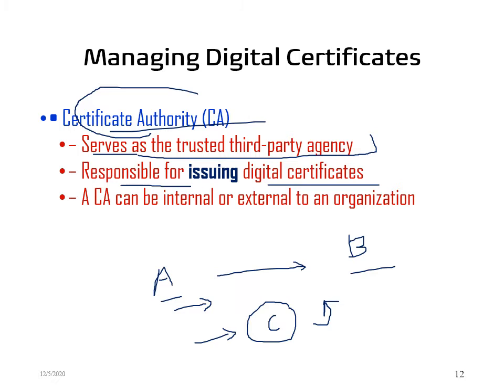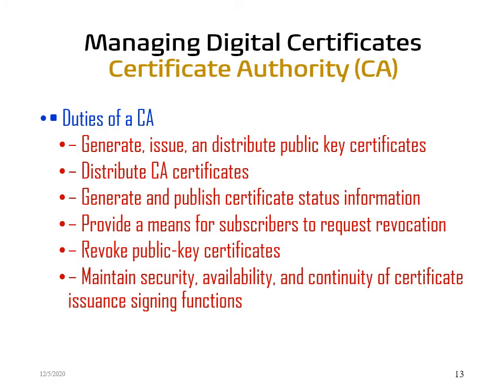That has also been verified by the particular third party agency. The CA, certificate authority, can be internal or external to an organization. This I am also going to show as a demo in a separate video.